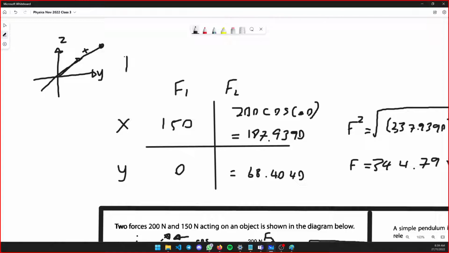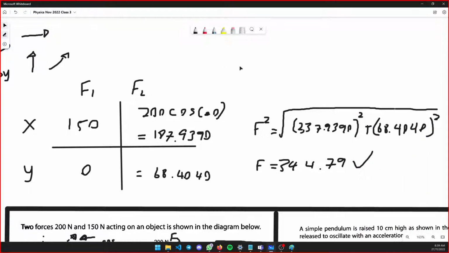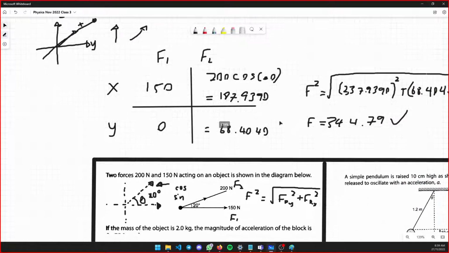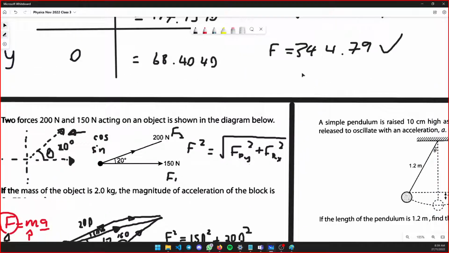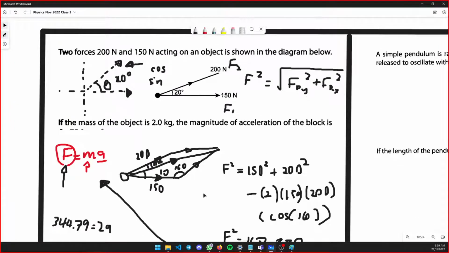It's going up, it's also going to the right, and it's also going backward. So you have to break it down into 3 components, but you still use the Pythagorean theorem. Okay, so you still get the final answer here, 344.79.